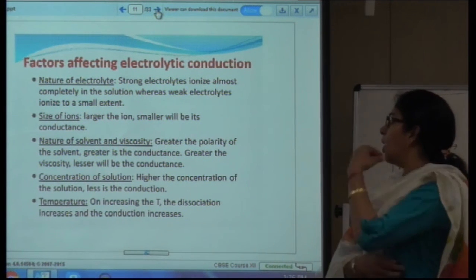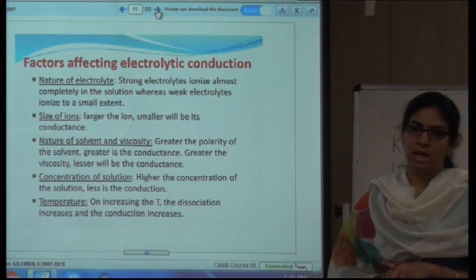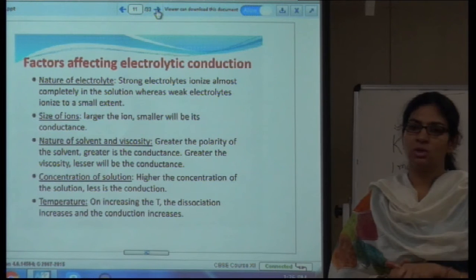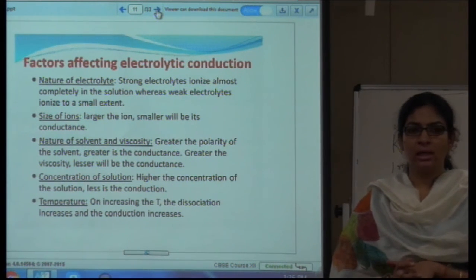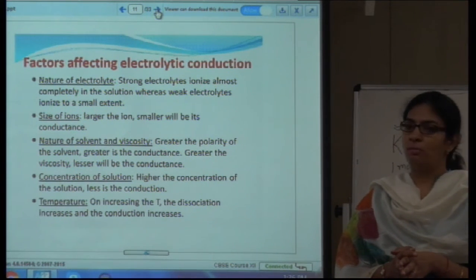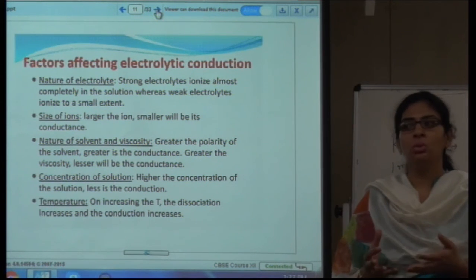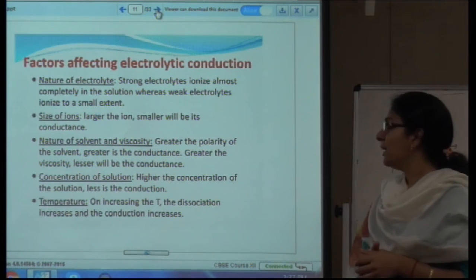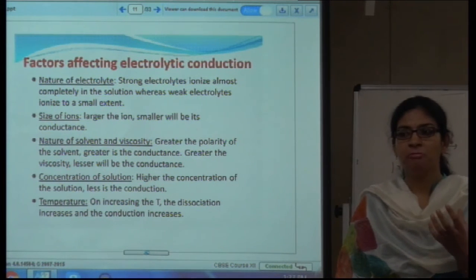Now these are the various factors upon which conductance depends. First, of course, is the nature of the electrolyte. We've already discussed in detail that some electrolytes we call strong and some weak, so obviously strong ones conduct more electricity compared to weak ones. Then you have the size of ions.